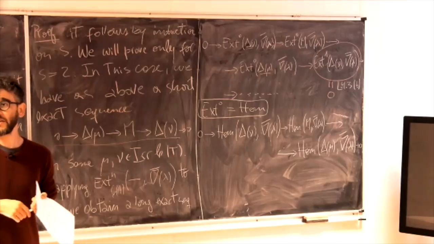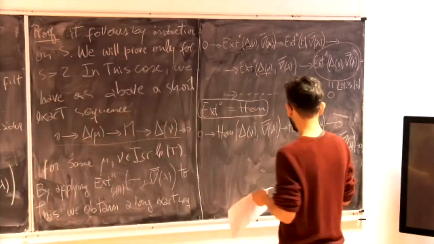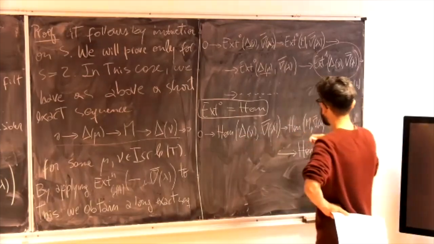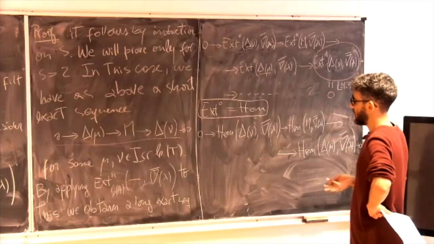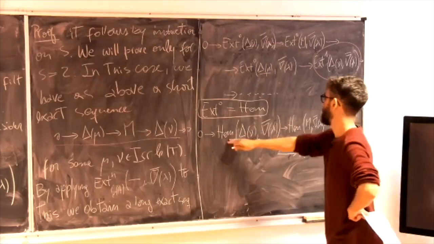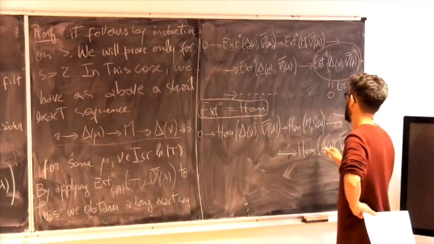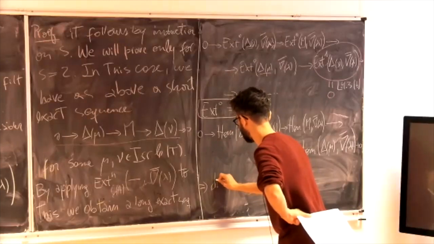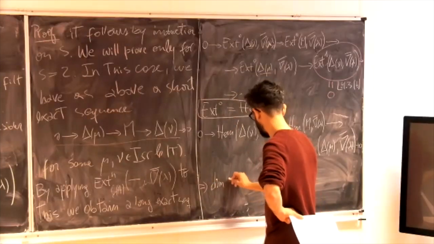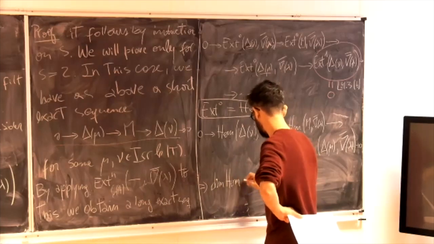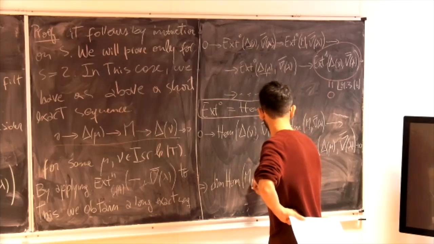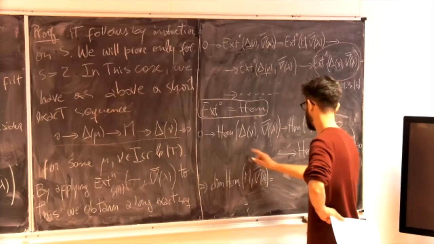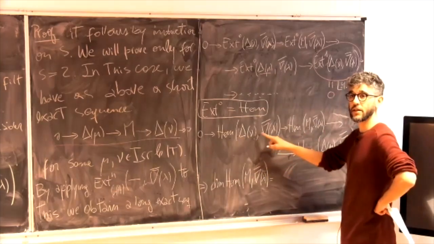Okay, so we have this short exact sequence, and when we transform this, we have a short exact sequence of, in principle, vector spaces. So when we look at the dimension, this says that the dimension of Hom between M and nabla lambda is equal to the dimension of the vector spaces in both sides.